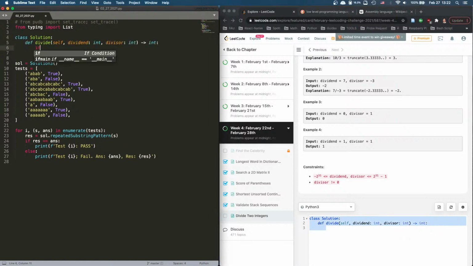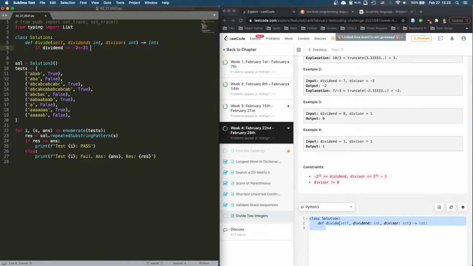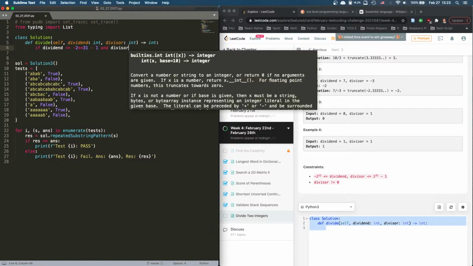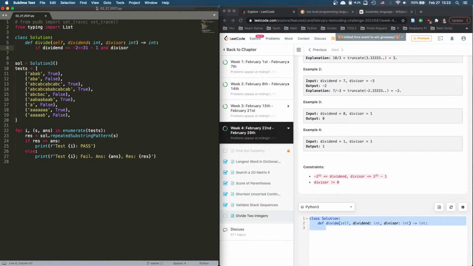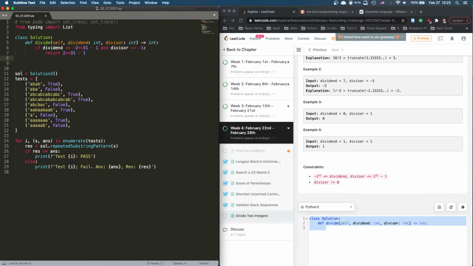So first of all, if dividend is equal to -2^31 and divisor is equal to -1, we're going to return 2^31 - 1. This is just the edge case we have to consider. Everything else we can write by ourselves.